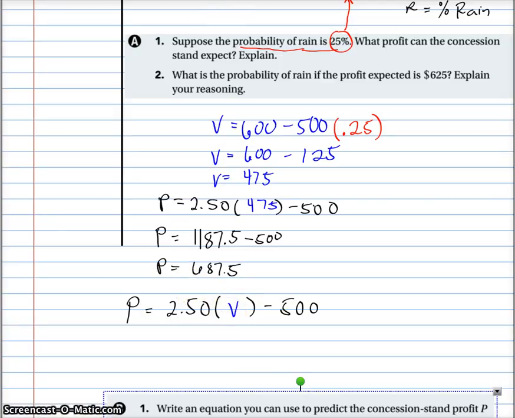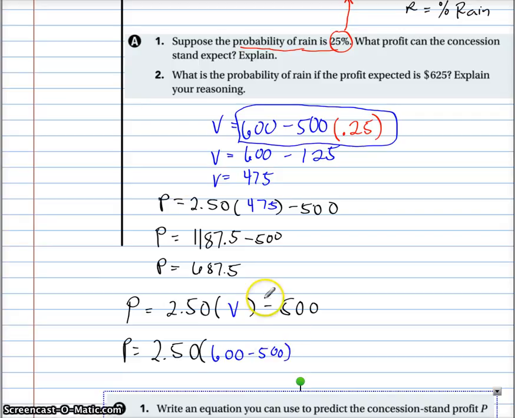This is equal to V, so I'm going to put it into this equation. Profit is equal to 2.50 times, and our equation is 600 minus 500. Oops, 600 minus 500. Let's erase this.